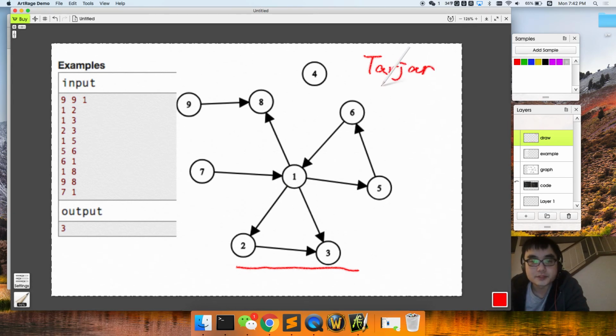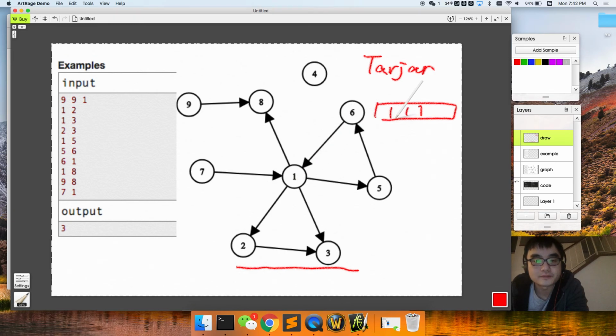So the input of Tarjan is the graph, right? You have several nodes and you have several edges, right? And the output is an array where each entry is the SCC index of that node.